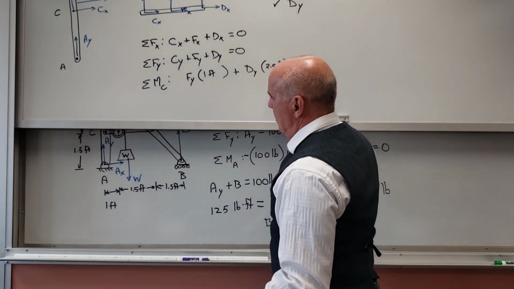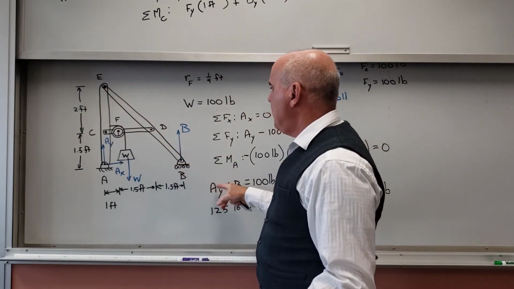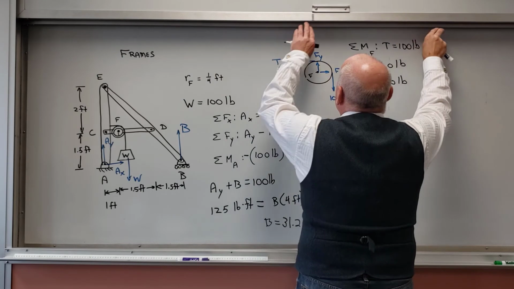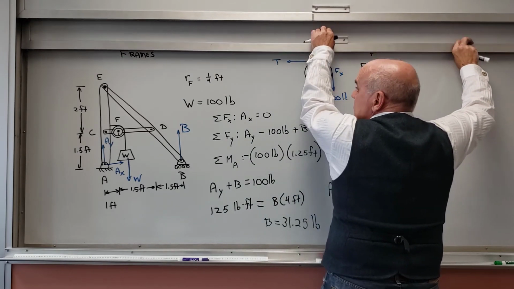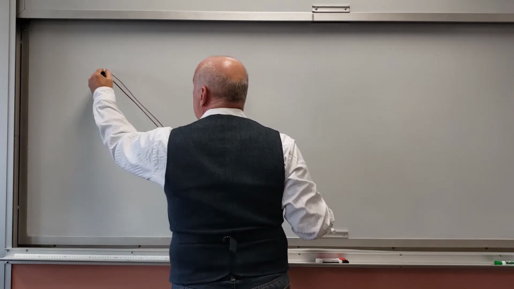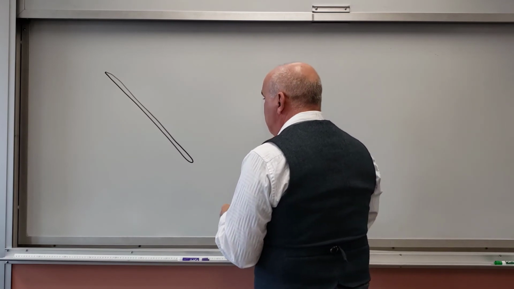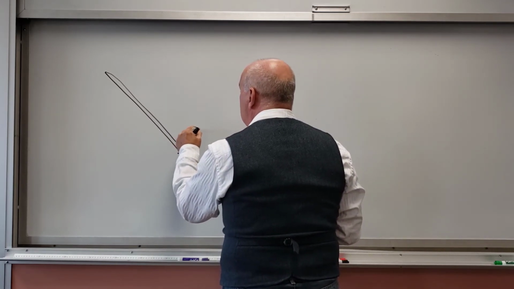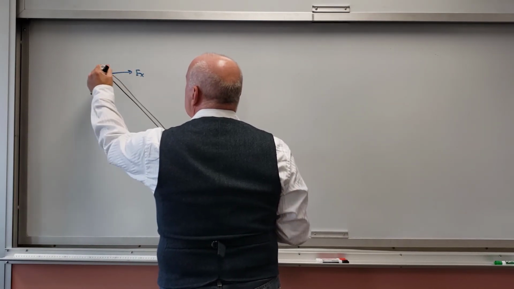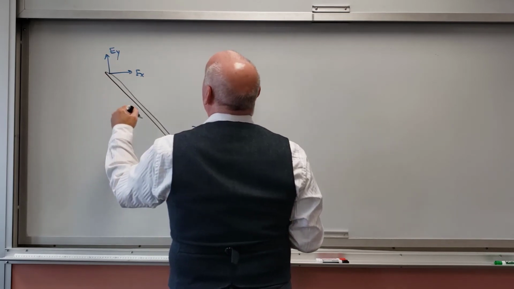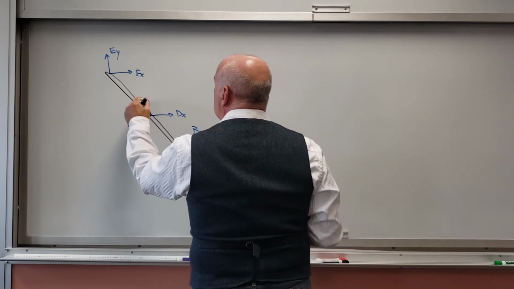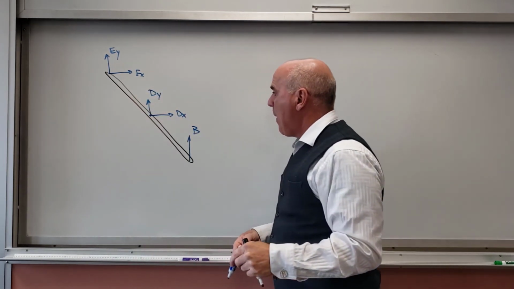We still have one more member to do, and that's EDB. All right, so let's take a look at EDB. So that comes over here at this angle. So that's EDB. So B is down here, and I know what that is. And then I have EX, EY, and then over here I'm going to have DX and DY.